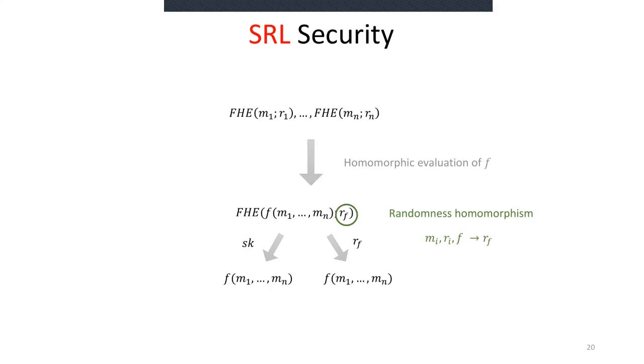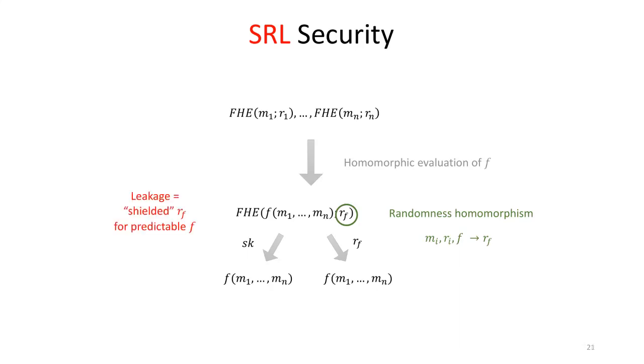All right, so now take any FHE that has this property, and that's, for example, the case of GSW. Now we want to define a security notion with some randomness leakage. What is a randomness leakage? Well, it's going to be a shielded variant of R sub f for some particular functions f. And I want to make two remarks.